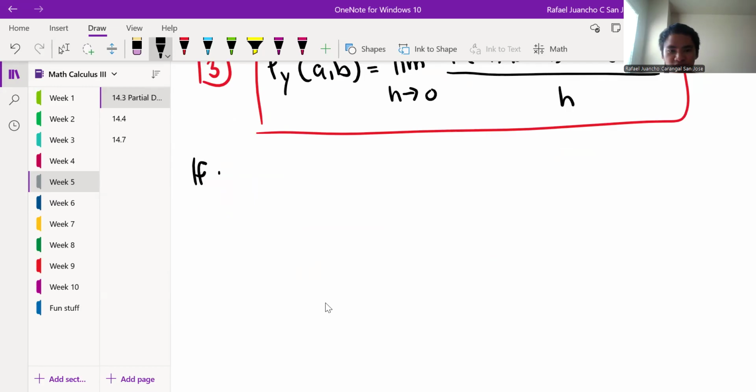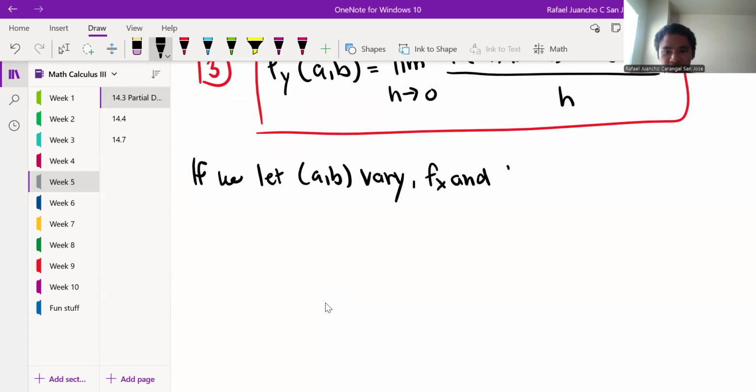If we let this point vary, meaning both of them are variables now, instead of one of them being fixed, now f sub x and f sub y become functions of two variables. So what does that mean? Now we have two limits. So we're saying f sub x and f sub y.